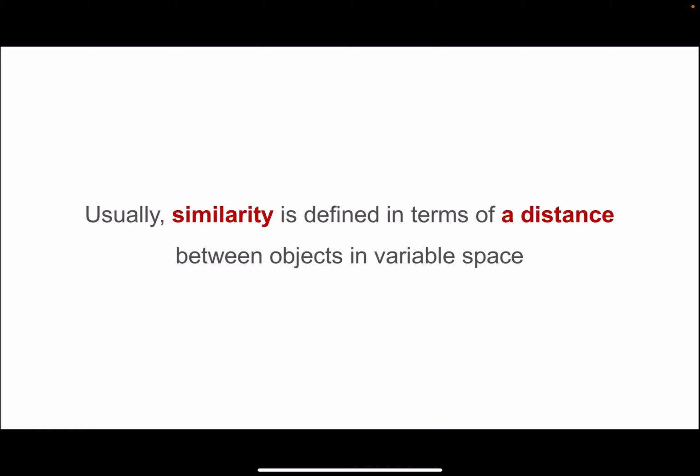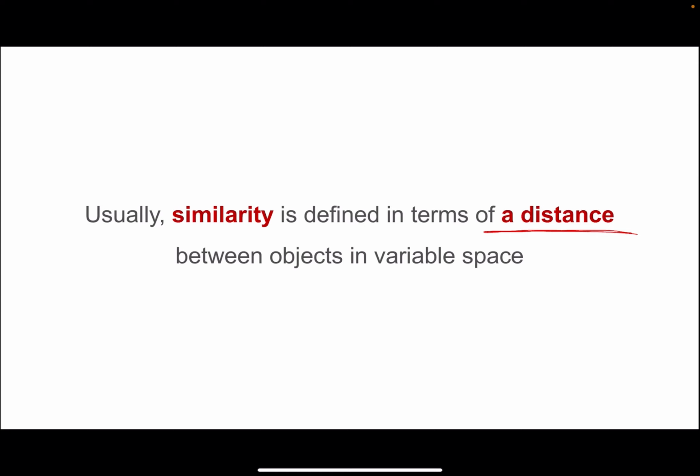In all these cases, it doesn't matter which approach we use, we need a kind of similarity measure. So we can say that 2 points are similar. We measure how similar 2 measurements are. And there are several ways to measure the similarity. We are going to use a distance measure. So we measure similarity as a distance between 2 points, 2 observations in variable space.